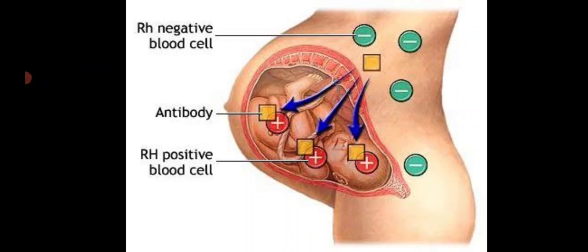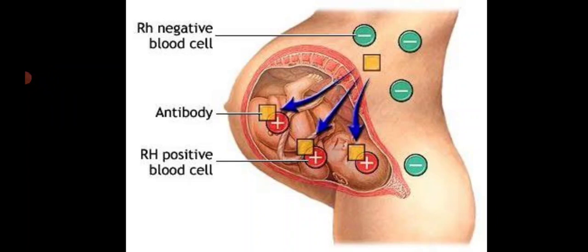But when an Rh negative person receives blood from an Rh positive person, at that time only the anti-D antibodies are produced. On the other hand, when an Rh positive person receives Rh negative blood, no effect is seen.